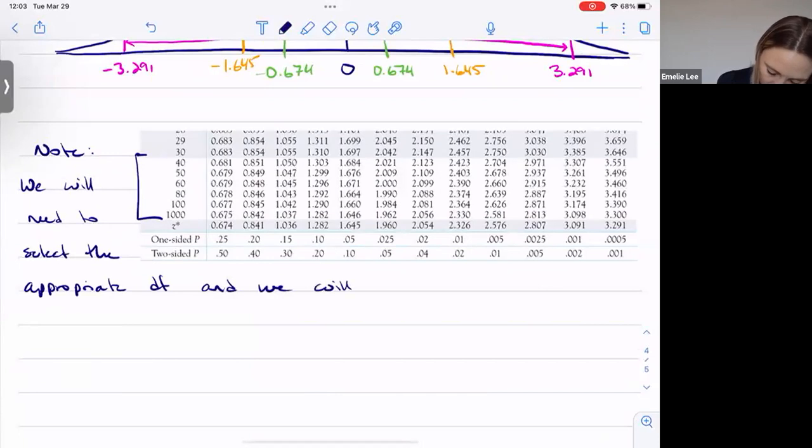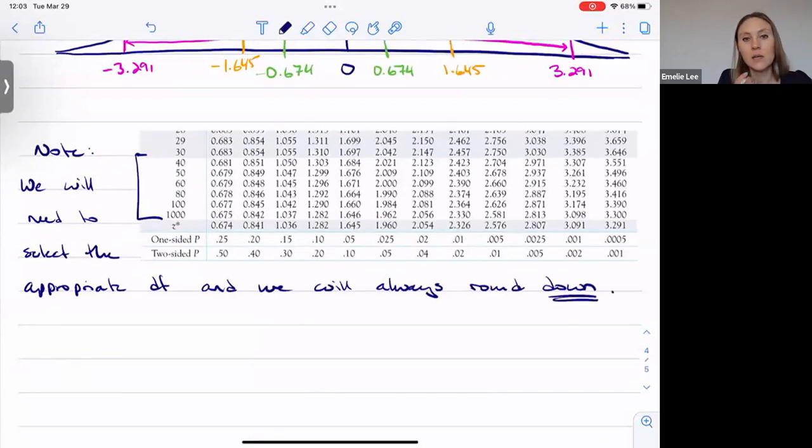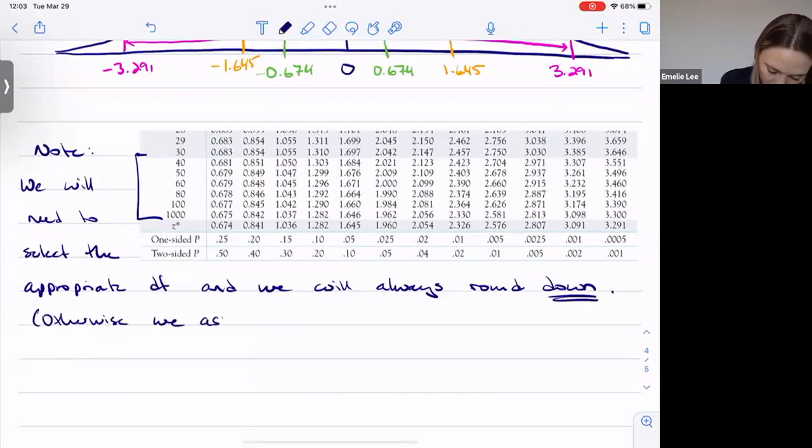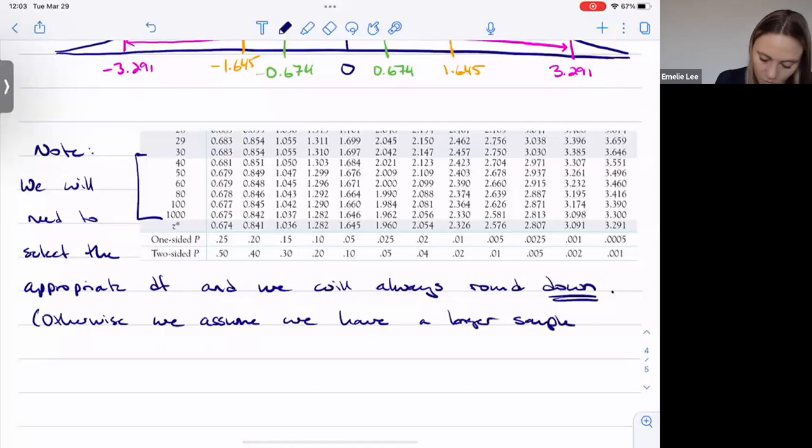And I'll put in brackets here, otherwise we assume we have a larger sample size than we actually do.